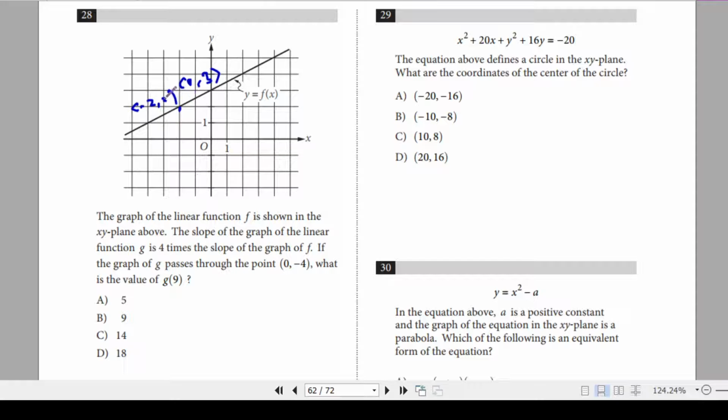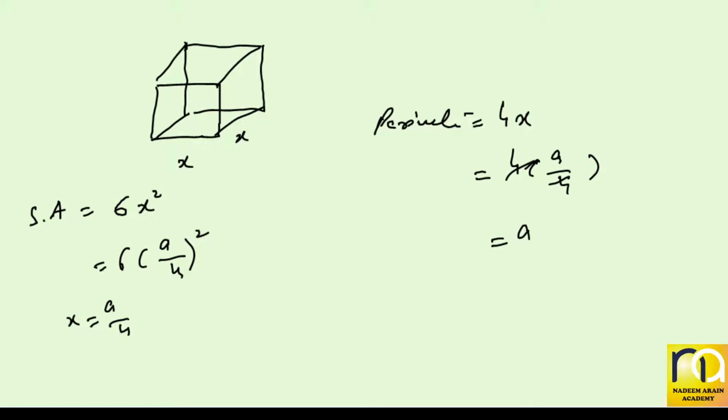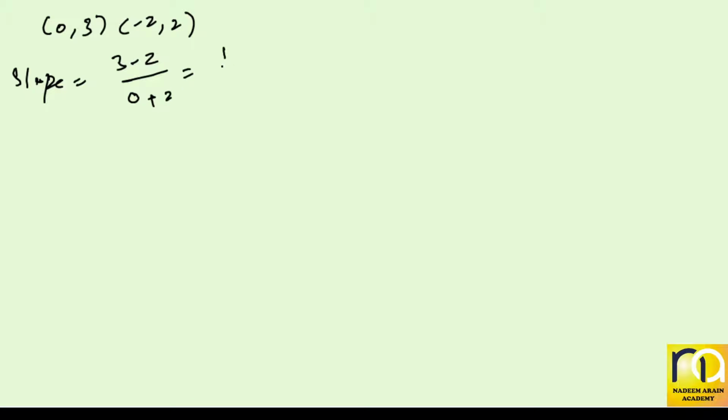So (0, 3) and (-2, 2). So the slope will be y2 minus y1, 3 minus 2, over x2 minus x1, 0 minus minus 2, which is plus 2. That's 1 over 2. This is the slope of f.